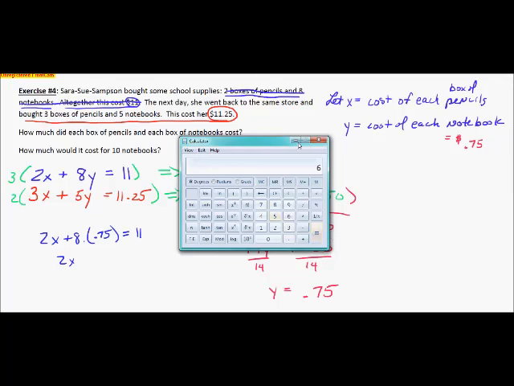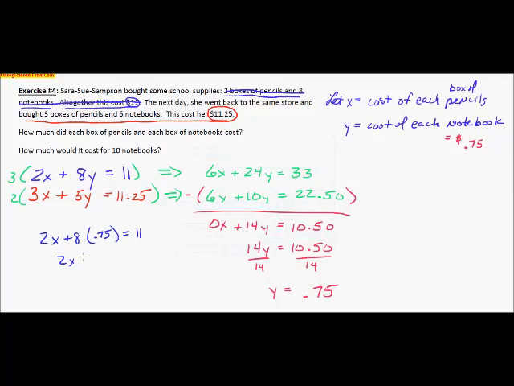That's going to give me $6. So that is a 6. I take away 6 on both sides. 2x equals 5. I'm going to divide by 2, divide by 2. That means each box of pencils is going to be $2.50. So I can come up here and answer my question, $2.50.